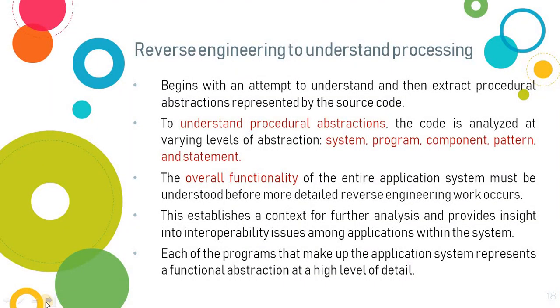Next is reverse engineering to understand processing. Here the processing begins with an attempt to understand and then extract procedural abstractions represented by the source code. Procedural abstraction here means the system, programs, components, patterns and statements in the product.